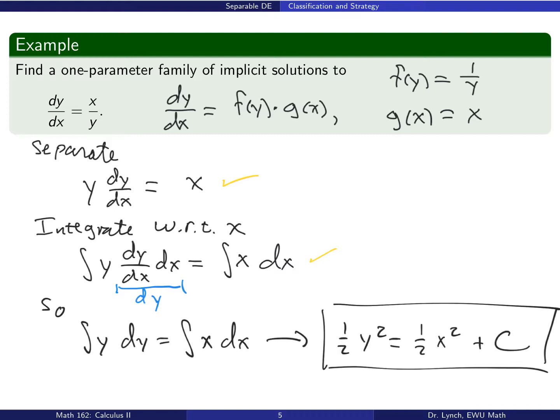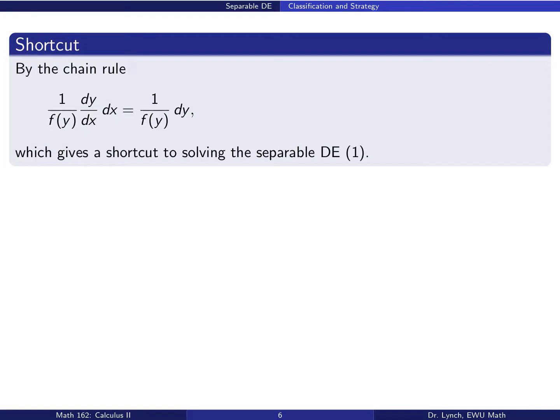Okay, and again here we see an illustration of those two words: implicit, not explicitly y as a function of x, and family, right? So this is a solution for any c.